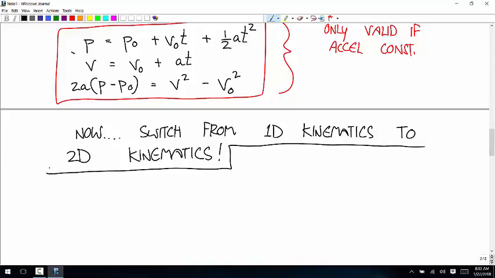Yes, very good. Kinematics is describing motion without looking at the causes of the motion. I already said that, but I'm saying it again because I want you to remember it.